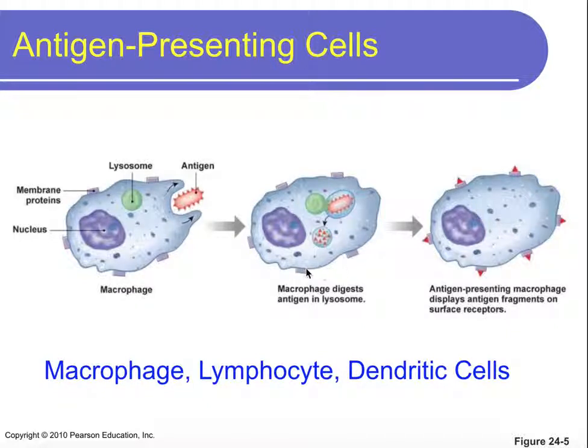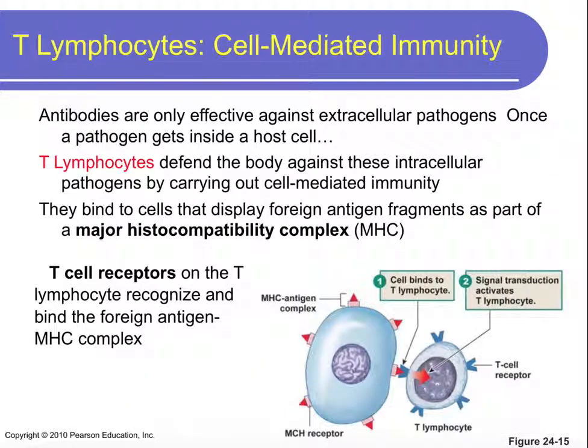These receptors on the surface of our macrophage are called MHC, and specifically these are MHC2. By presenting it on the MHC receptors, it's able to allow other cells to know that this macrophage phagocytosed a pathogen. So this macrophage is presenting a piece of the pathogen on its cell surface, hence it's an antigen-presenting cell.